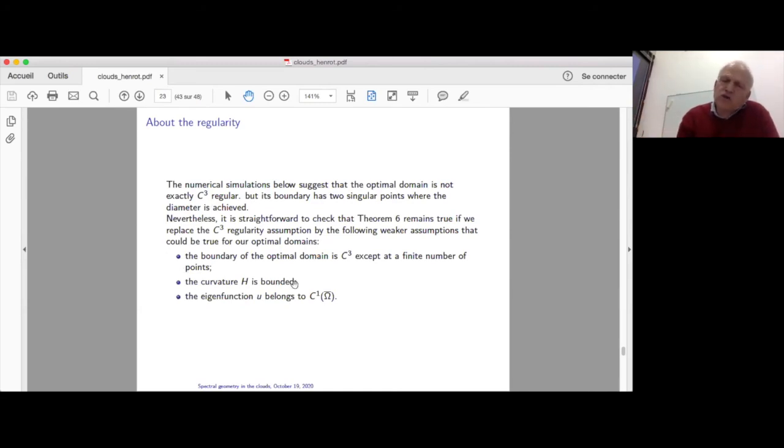I also need the curvature to be bounded, which seems to be the case in my picture, or at least bounded on the remaining part. The curvature is not bounded at the extremities, but I need it to be bounded on the remaining part. And I need the eigenfunction to be at least C1 regular, which could be true when I have a convex domain. So more precisely, the proof requires such assumptions in order to get multiplicity.